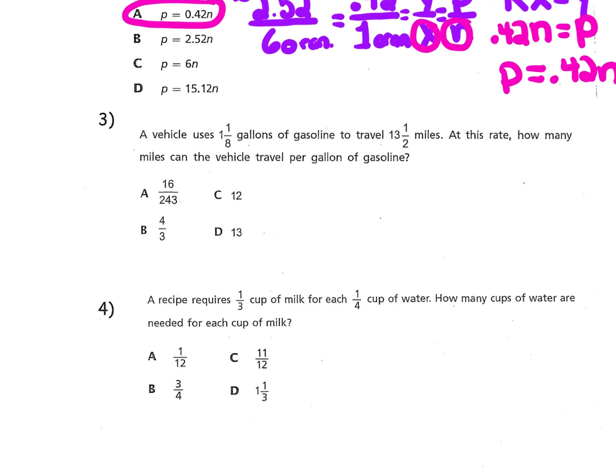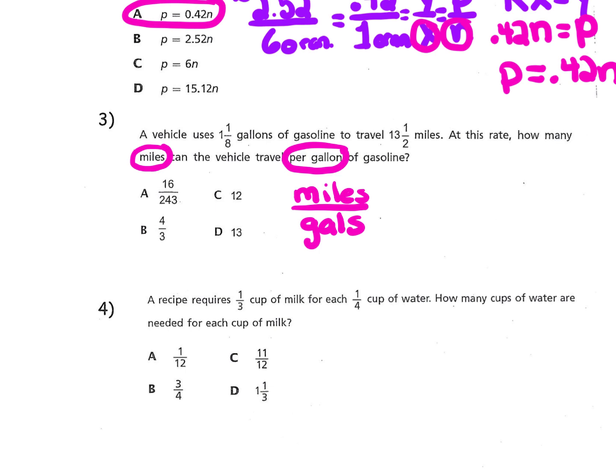In each question, you're going to find the rate. In 3 and 4, you have to pay attention to what they want. For example, in number 3, they want miles per gallon. So as you read through, make sure you put miles on top and gallons on the bottom of your ratio.